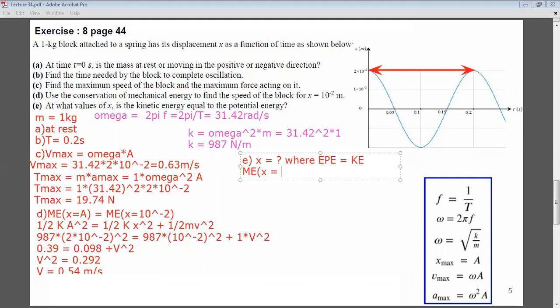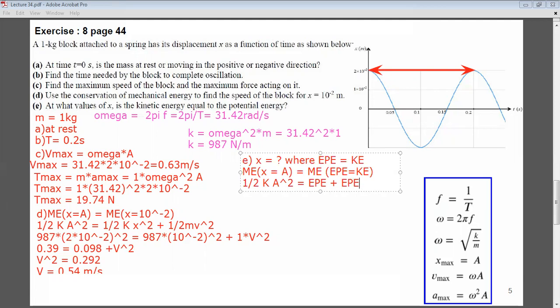Mechanical energy at x equal to A equals mechanical energy when EPE is equal to KE. This will give me, the first side will give me half K A squared equal, normally it's EPE plus kinetic energy. But now they're saying EPE equals kinetic energy, so I will put kinetic energy equal to EPE.